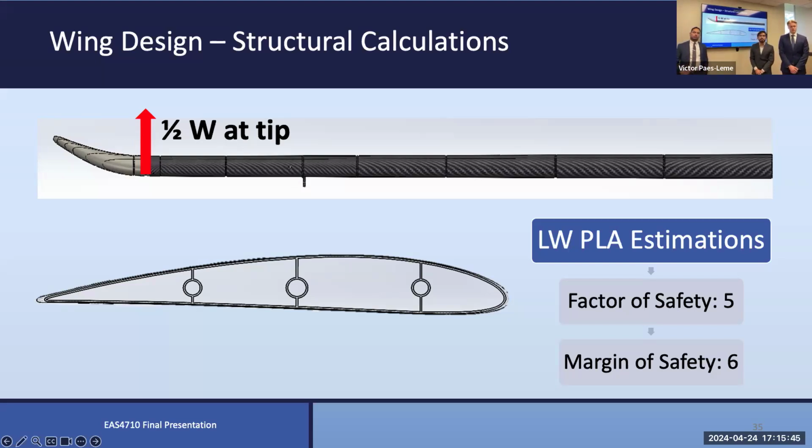Let's say in my class, if we have this project and some students use elliptical distribution, some students use half weight at the wing tip. I know this is more conservative, but for aerospace design, we always want to optimize. I would give a higher grade to the students who use the elliptical distribution. This one is not wrong, but yeah. No, I think that's a very fair point.